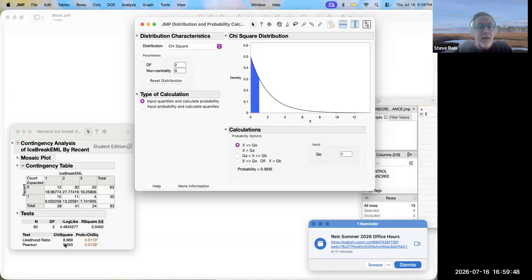Your chi-square value here is 9.043. Let's find the upper tail area above 9.043. The lower tail area is 0.9891, and our upper tail area is 0.0109, exactly what our software answer gives us.